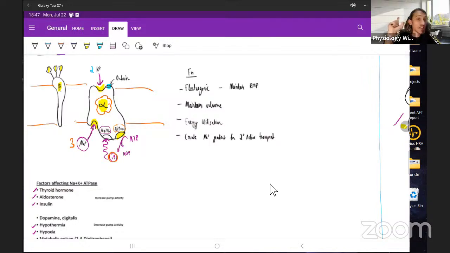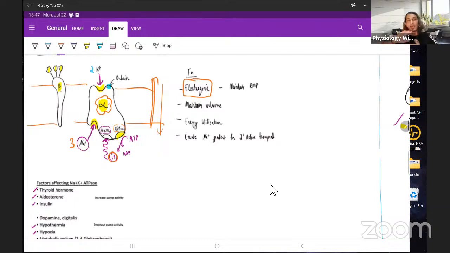All right, so what are the functions of this one? It is electrogenic. What does it mean? So here, what do you see? Sodium is coming inside, and from there, it is going outside. So ultimately, what is happening? Sodium goes outside and potassium comes inside, but more sodium goes outside.